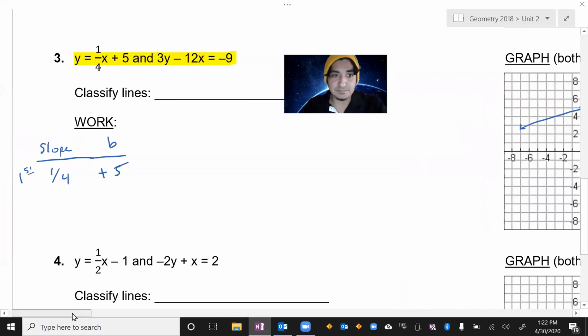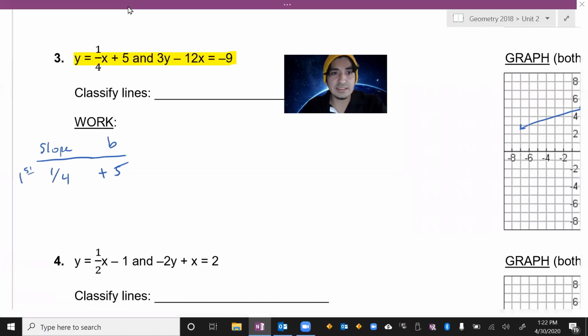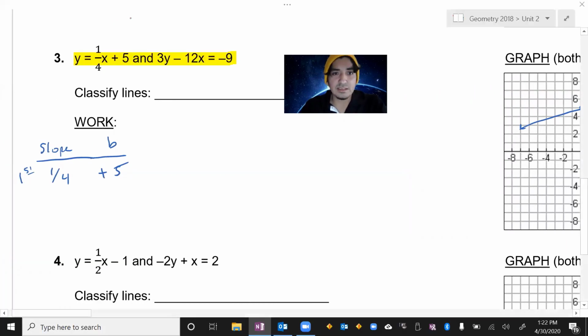Now the second line, let's go ahead and rewrite it. My second line is 3y minus 12x is equal to -9. I have to get y by itself. So I'm going to move everything else in hopes of getting y by itself and identifying what I've got.